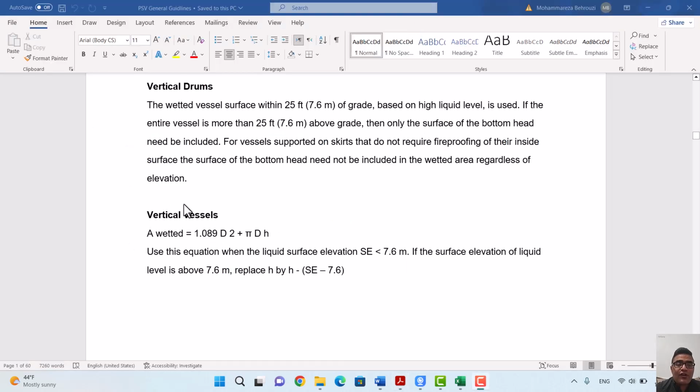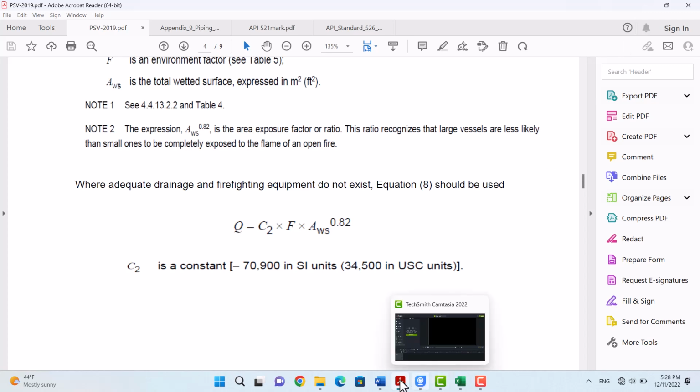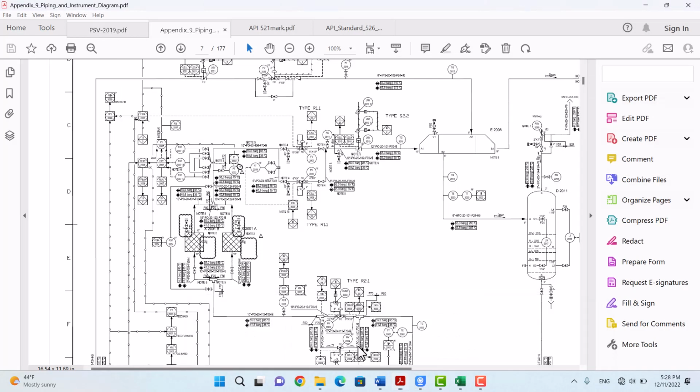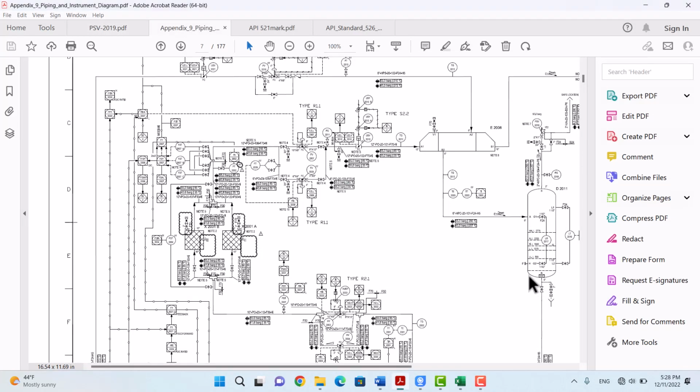As you can see here, for vertical vessels, for A wetted, this equation is used. This equation is a function of the diameter of the vessel and the height of the exposure. As I said, the height of exposure should be less than 7.6, since the height of these vessels is less than 7.6.